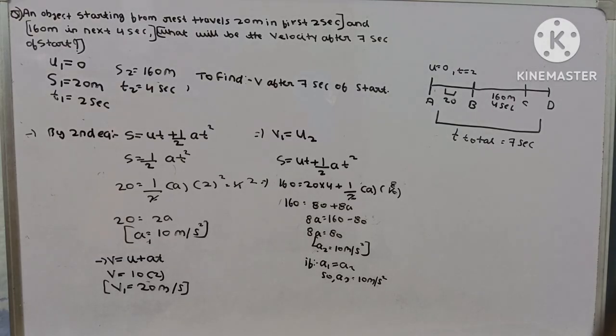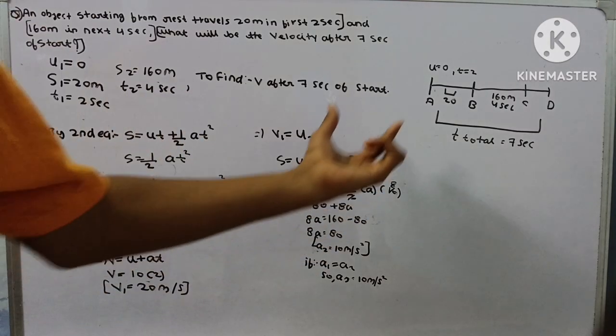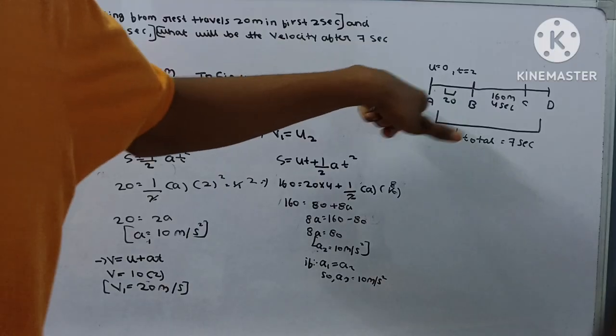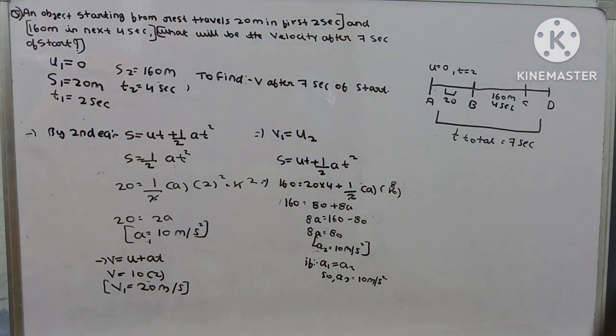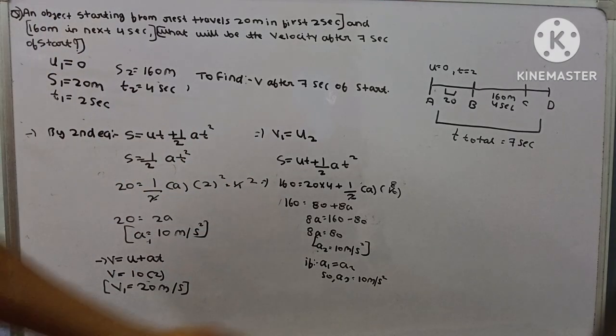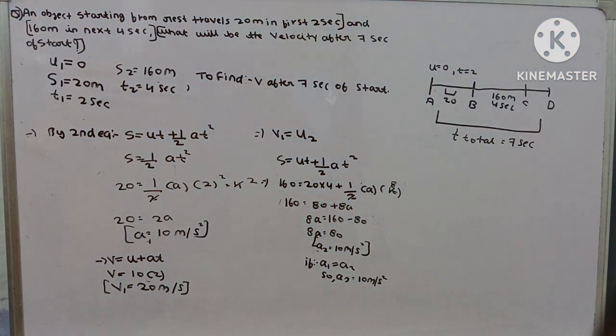Why? Because we are assuming that if the object's acceleration is constant for the A to C journey, it will also be constant for the journey of the last 1 second. Okay, now we have got a3, and by a3 we can find out the velocity of the third case, right?